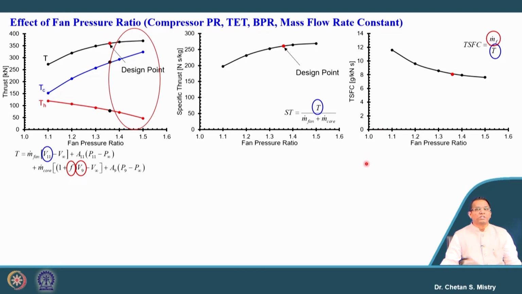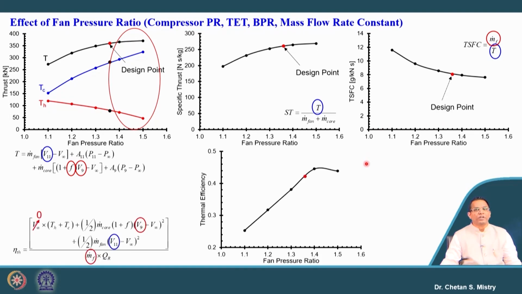Now, let us look at what is happening with efficiency. Since the flight velocity is 0, the propulsive efficiency is 0 and the overall efficiency will be 0, so we are able to calculate only the thermal efficiency. With the increase of fan pressure ratio, the thermal efficiency will increase up to a certain point, and then with further change of fan pressure ratio, the efficiency will remain nearly constant.